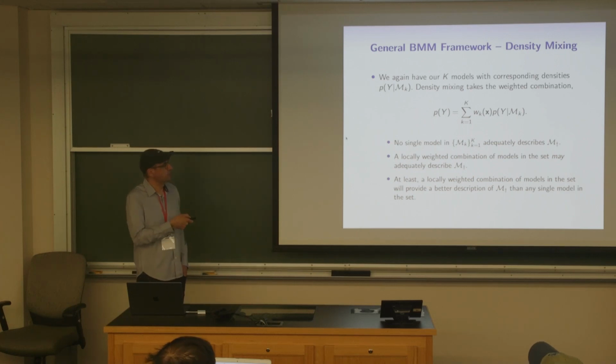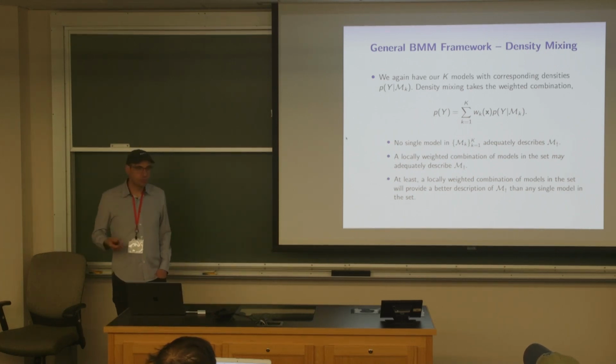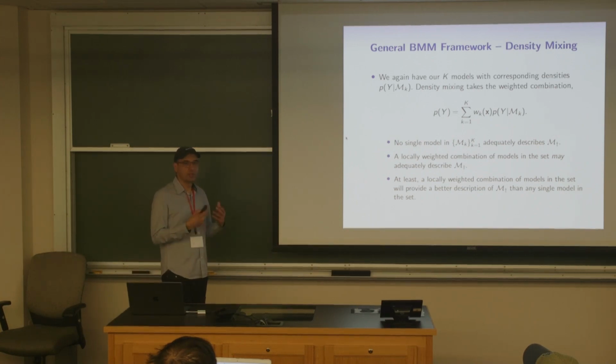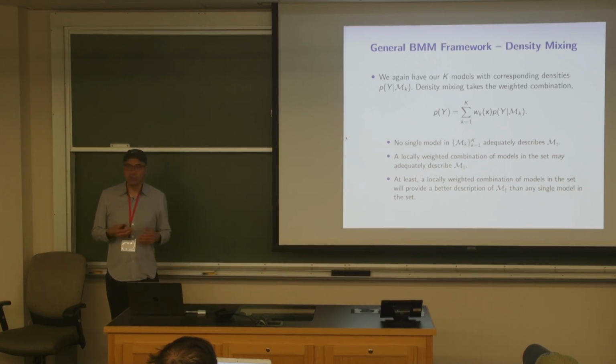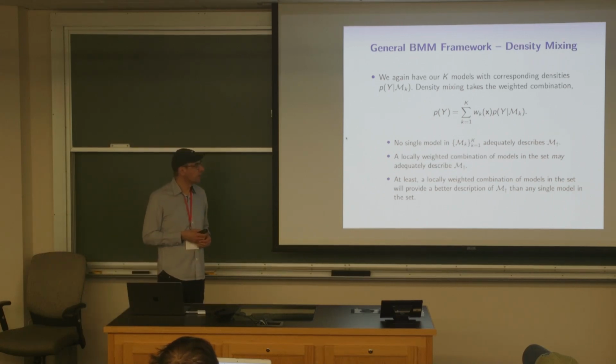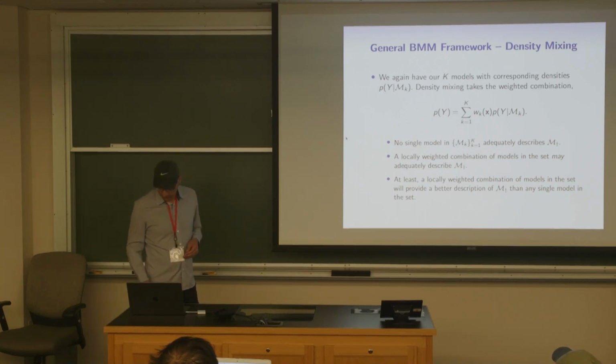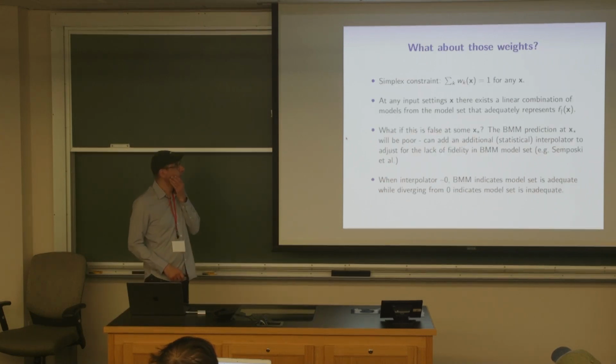The same ideas are present here. We're trying not to assume a single best model. We're trying to assume that maybe a linear combination of models will represent the true M-Dagger adequately, or at least a weighted combination will do better than any single model would have. Okay.